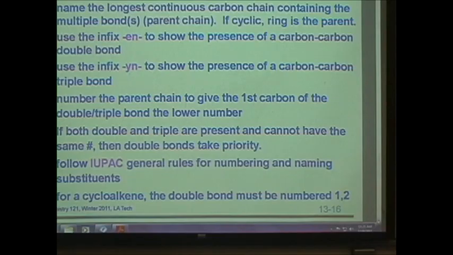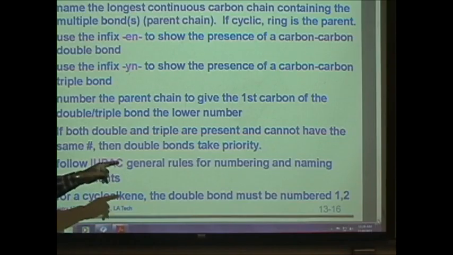Okay, number the parent chain. The parent compound is going to be whatever the longest chain. If it is 6 carbon atoms and an alkene, it's going to be hexene, right? If it is 2 carbon, triple bond, it's going to be ethyne. So number the parent chain to give the first carbon of the double or triple bond the lowest number.